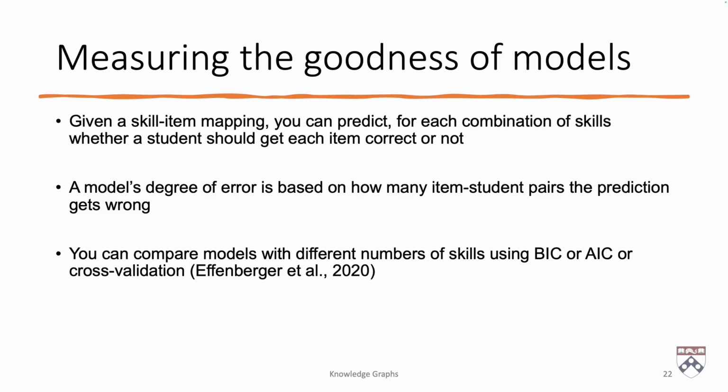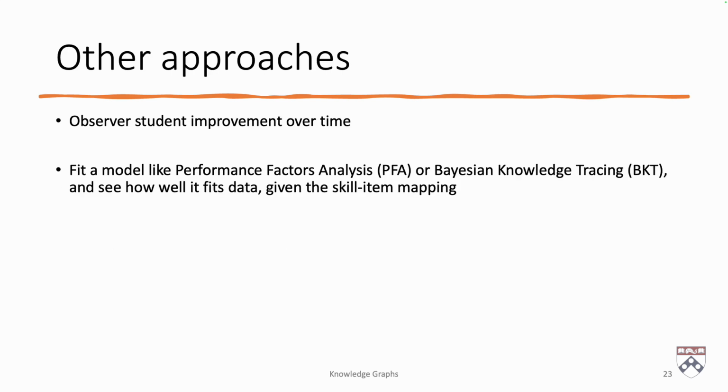There are many different metrics that could be used. BIC could be used, AIC, or you could even just do simple cross-validation, just like it's done in Effenberger et al. 2020. There are other approaches for determining really good models. Sometimes you may choose to observe a student's improvement over time.